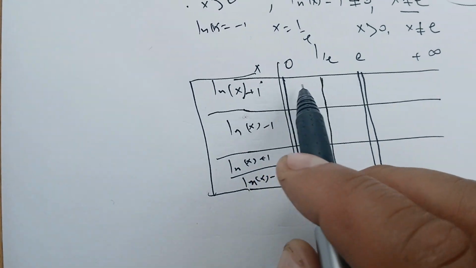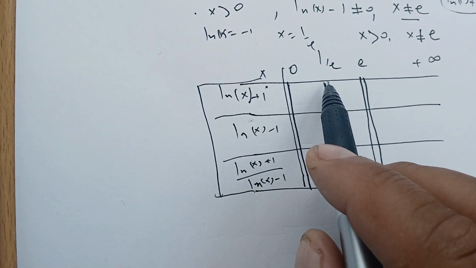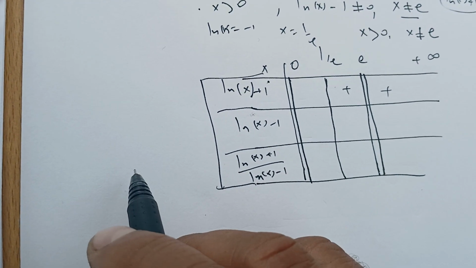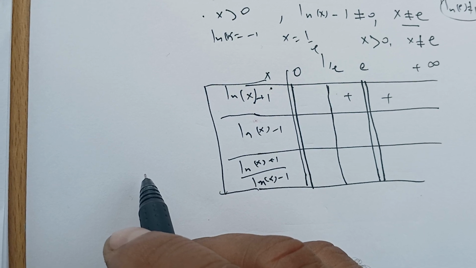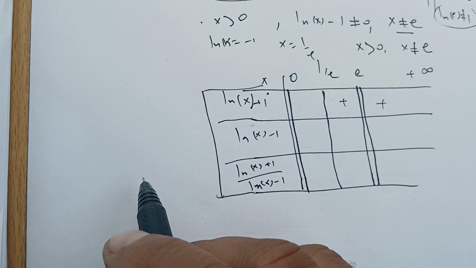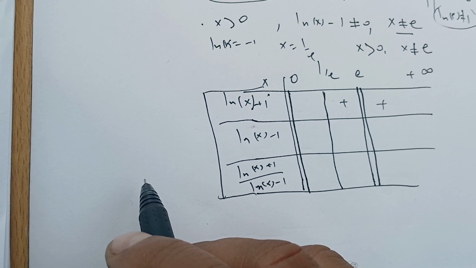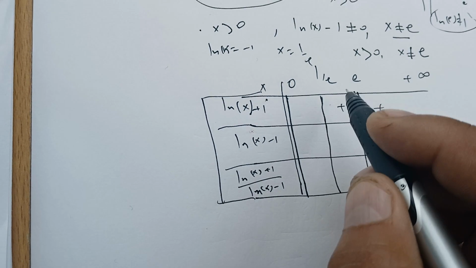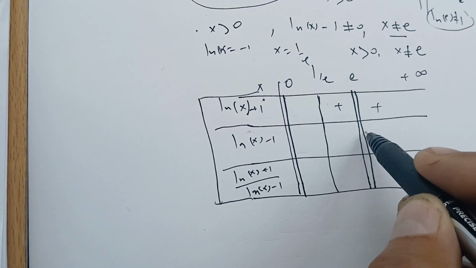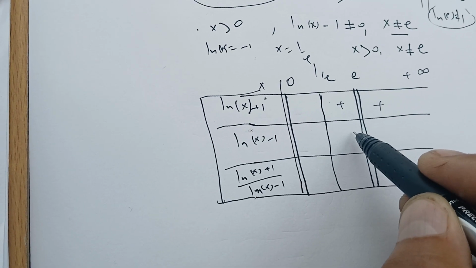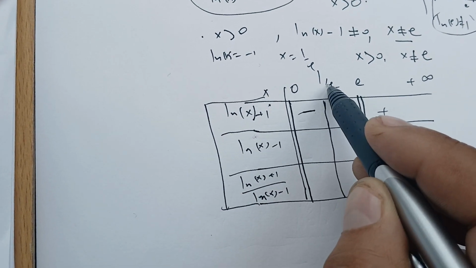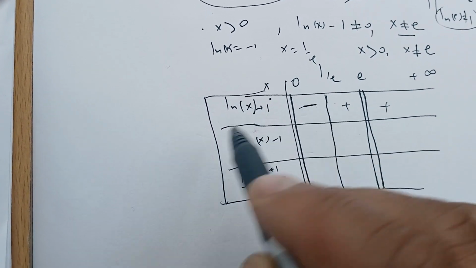Okay, so here when x is bigger than 1 over e, this quantity is positive. When x is less than 1 over e, ln of x plus 1 is negative.